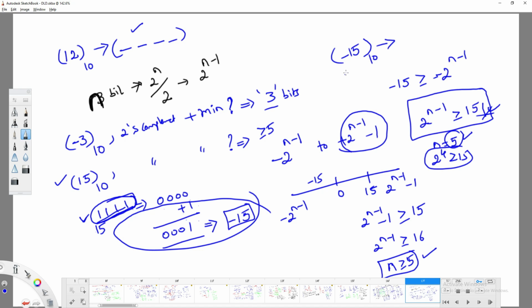This is minus 15 and this is plus 15. You should not compare these values. So this is correct. The number of bits required to represent minus 15 is 5.